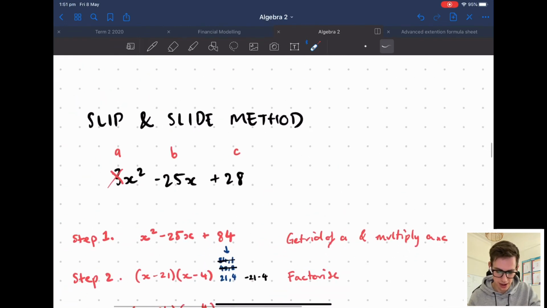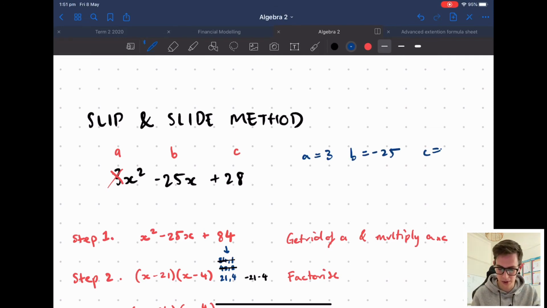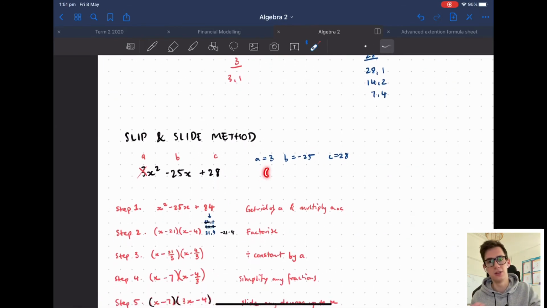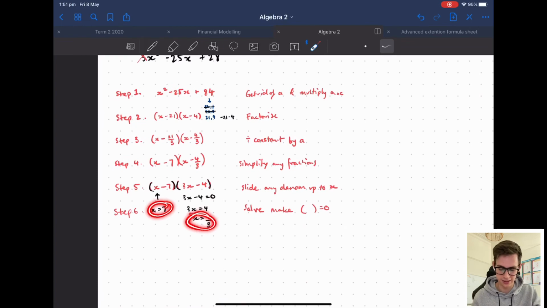And to show you what that would look like, all you need to say is, well, A was 3, B was negative 25, and C was 28, just from that equation there. And then you're just gonna pop those into the formula. Just make sure you pop brackets around each thing as you do, and you will get exactly the same answer.